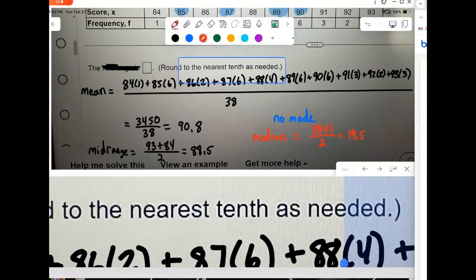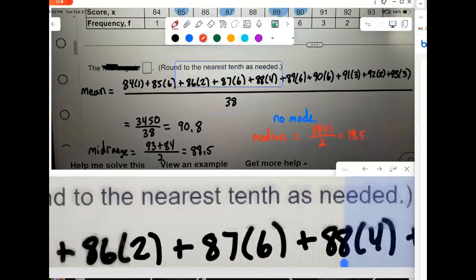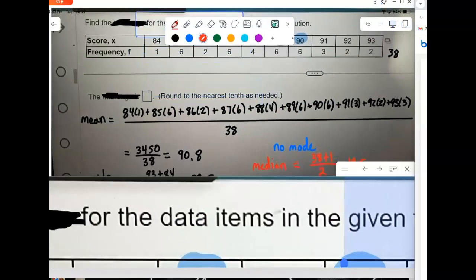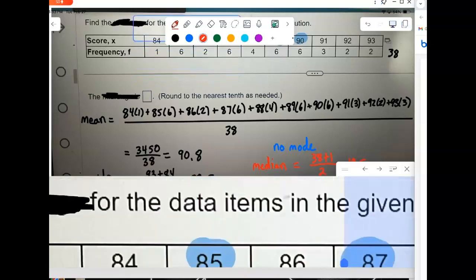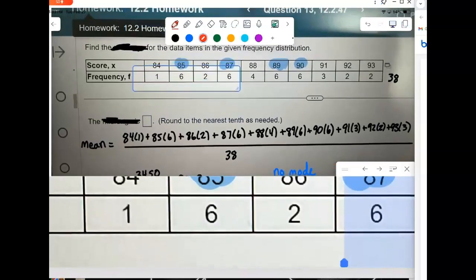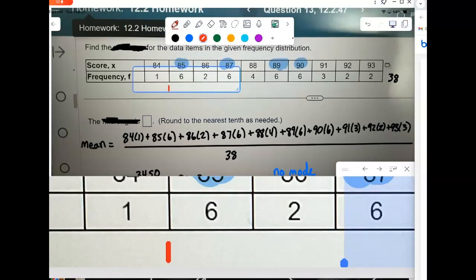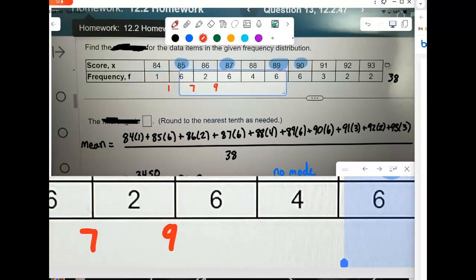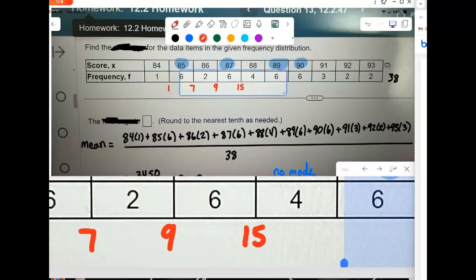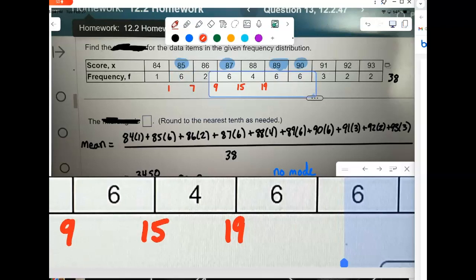Once we know where it's at, we just go up through our list of data values and count. Once we get to the end of the 84s, we would have one data value. Plus 6 more, we would have 7 at the end of the 85s. Plus 2 more would be 9 at the end of the 86s. Plus 6 more would be 15. Plus 4 more would be 19. Plus 6 more would be 25.